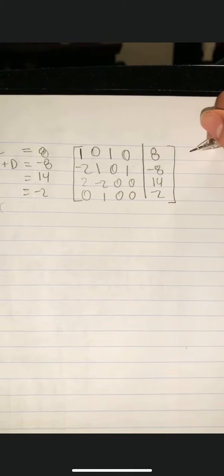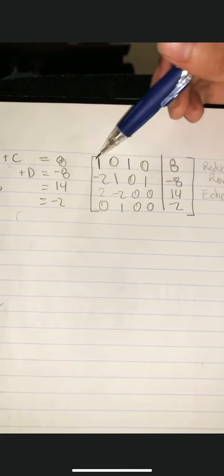If you've seen the other videos, you'd know what to do next, which is to get this matrix into reduced row echelon form, which is using the ones, making them run diagonal, and have zeros in all the other remaining slots.